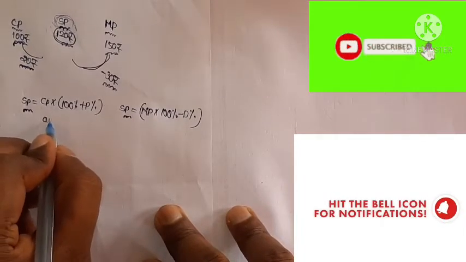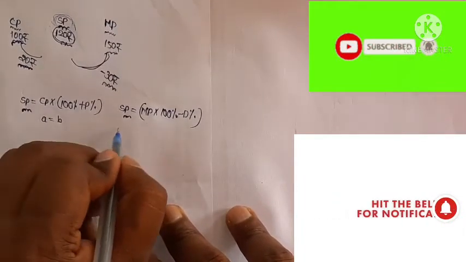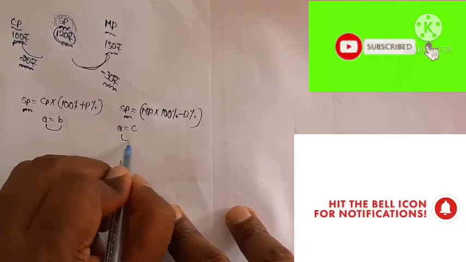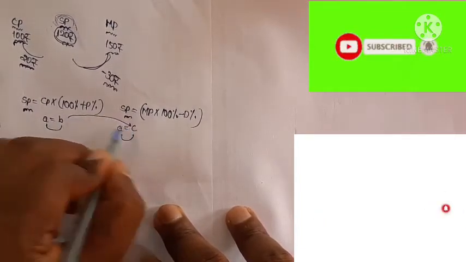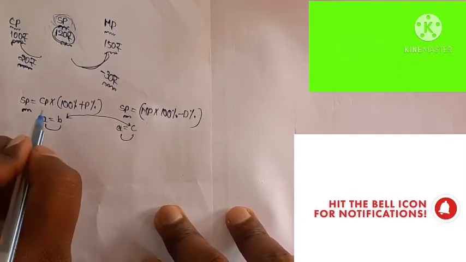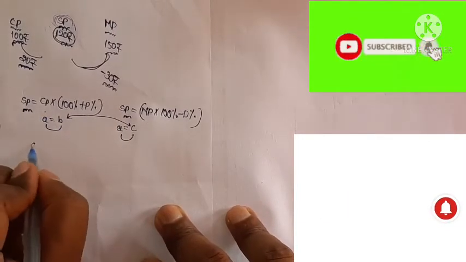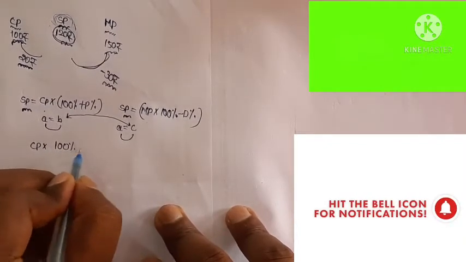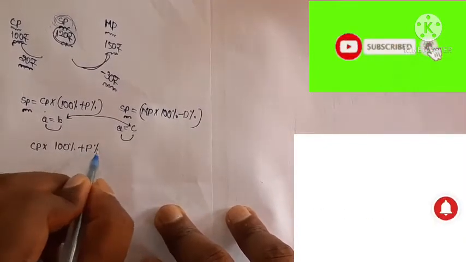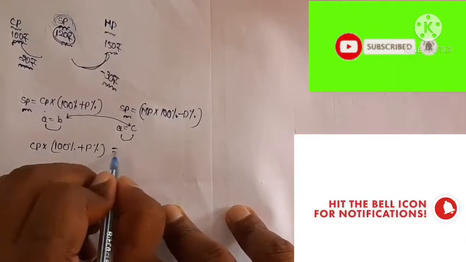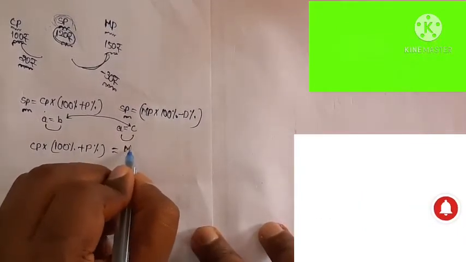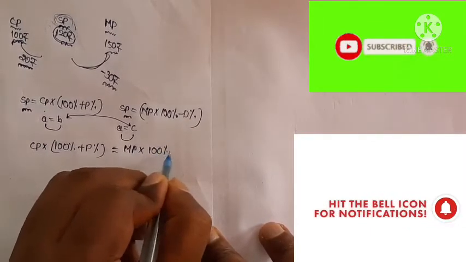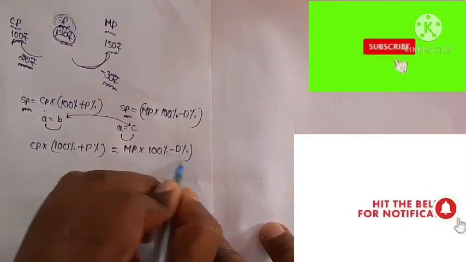So A is equal to B, so A is equal to C. That means B is equal to C. So here CP into 100 percentage plus profit percentage is equal to market price into 100 percentage minus discount percentage.